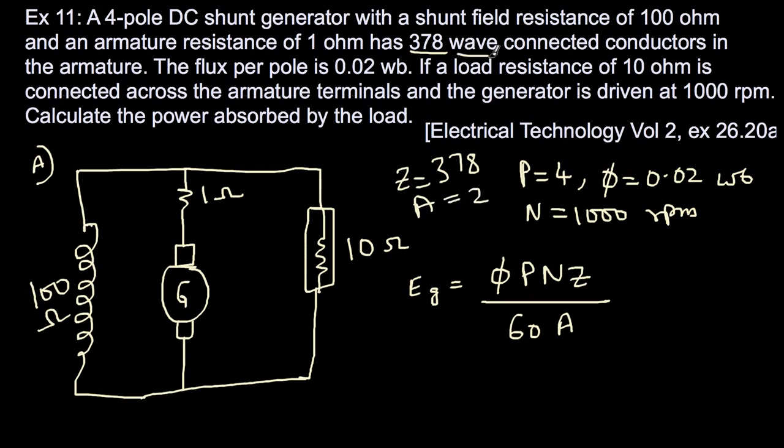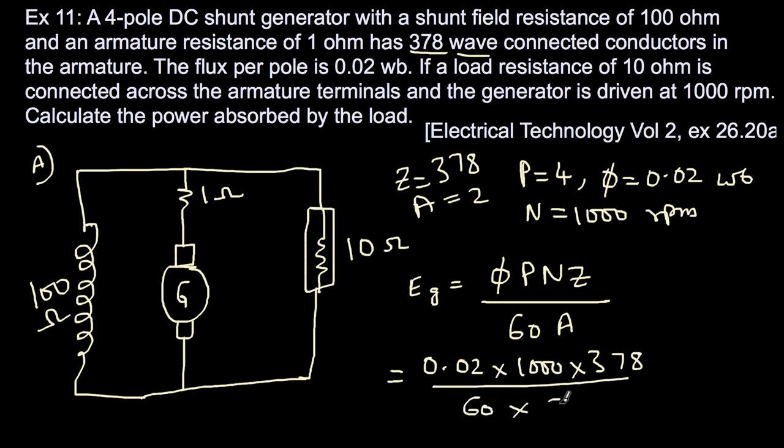Whenever it is wave connected, parallel paths is 2, whereas lap connected, parallel paths will be equal to the number of poles. So 0.02 multiplied by 1000 multiplied by 378 divided by 60 multiplied by 2. This will give me the EMF generated.